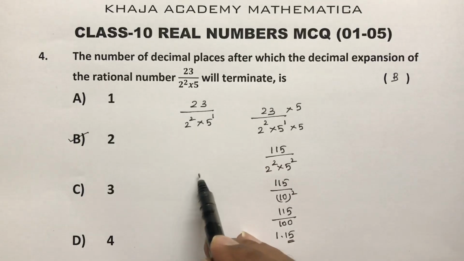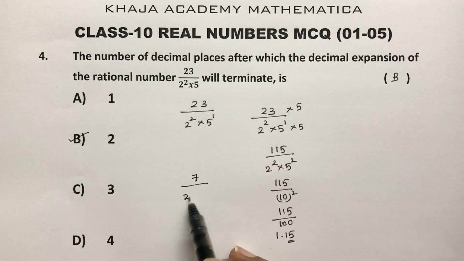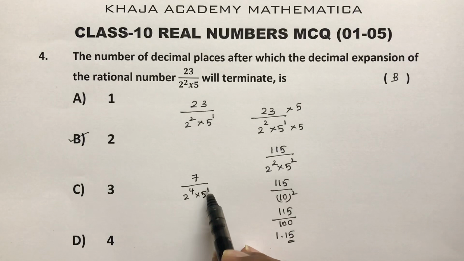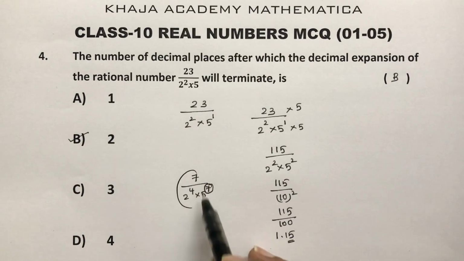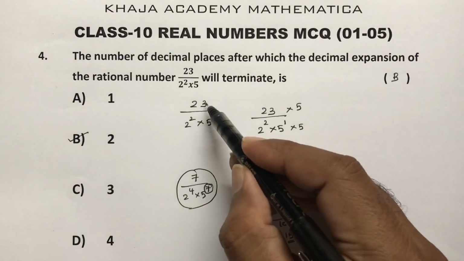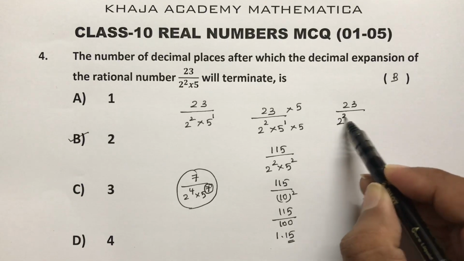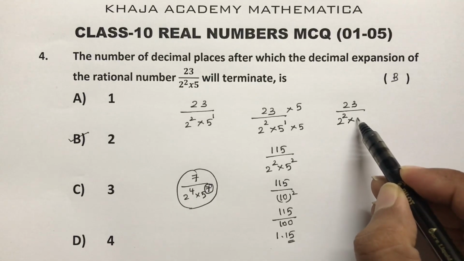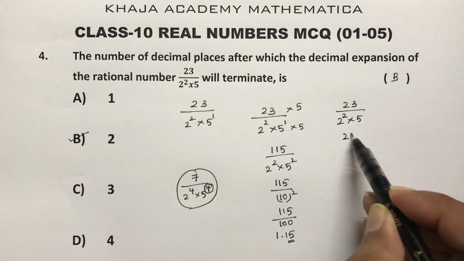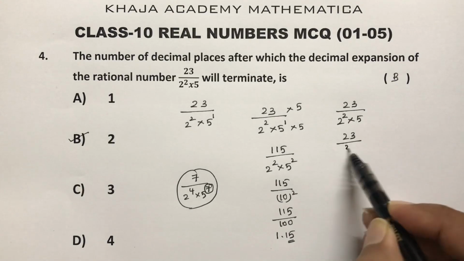Now for example, just take some example like 7 by 2 power 4 into 5 power 7. How many decimal places? 7 decimal places, because the highest power is 7. This is just an example. Now this 23 by 2 square into 5. 2 square is 4, 4 into 5 is 20.